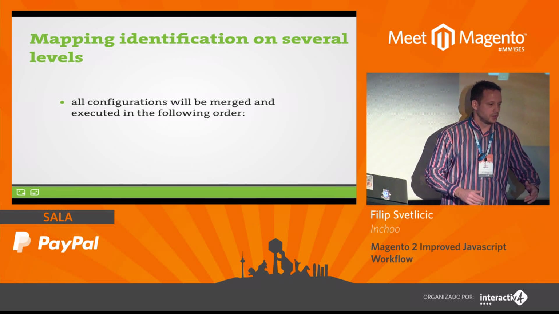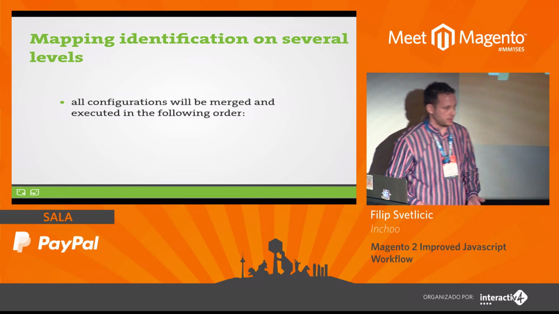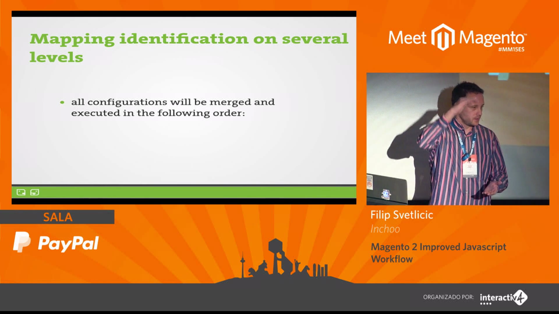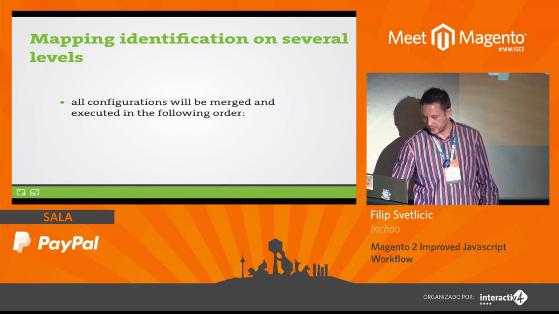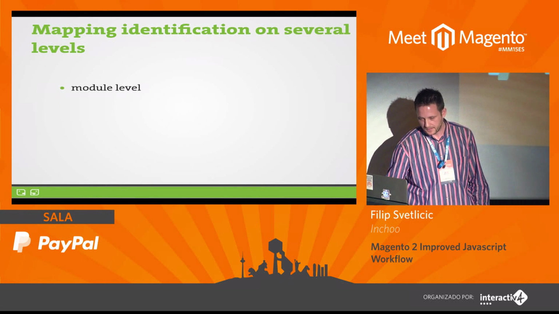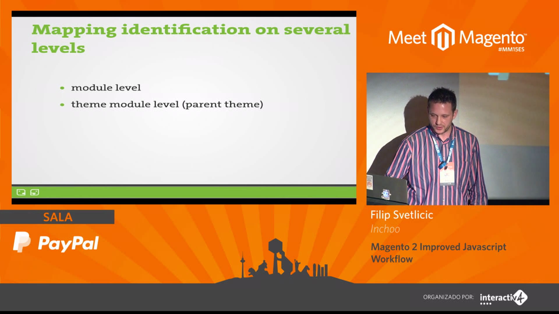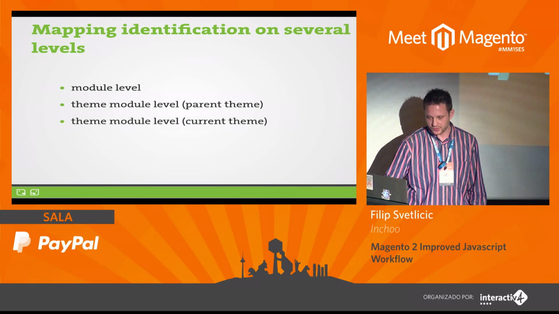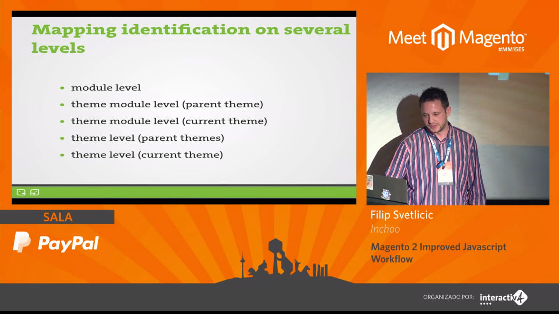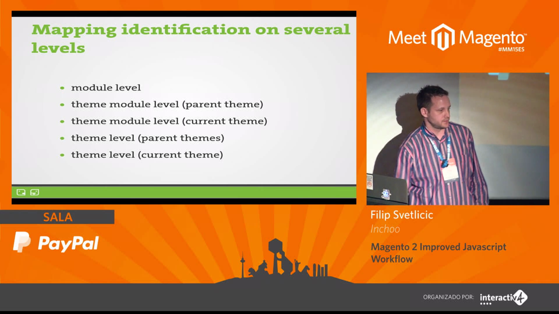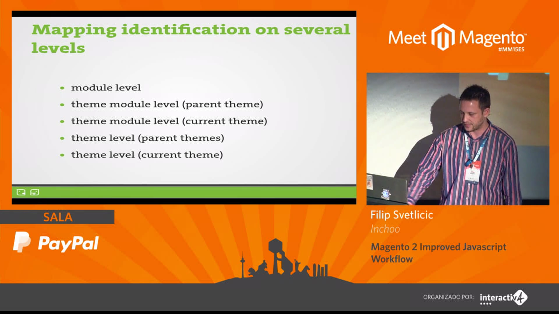When Magento outputs the final output, all files will be merged and sent as a final output, in the following order. First, the module level, then the parent theme level, then the current theme level, and the current theme is the final thing. It will be placed last in the document.